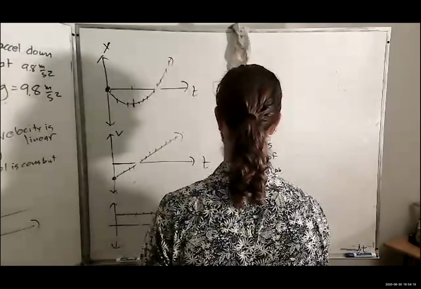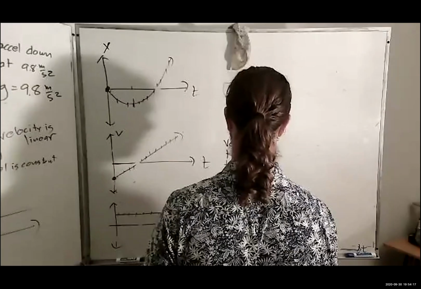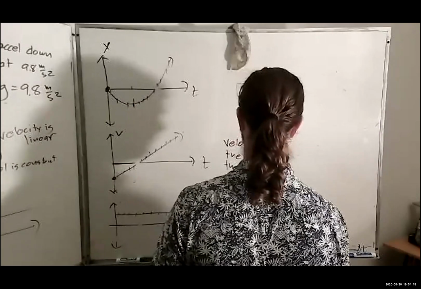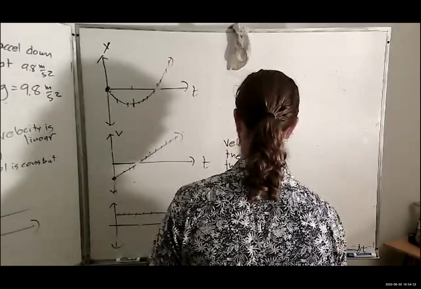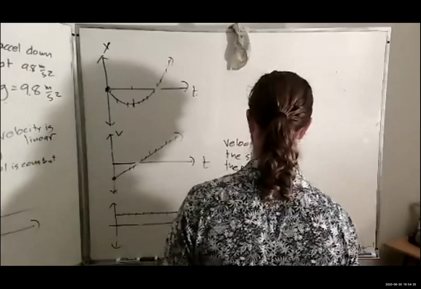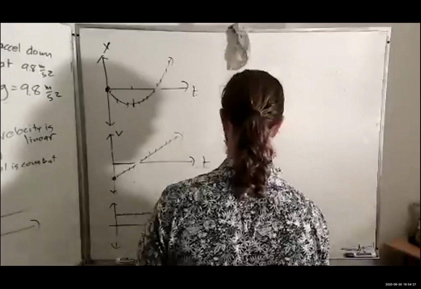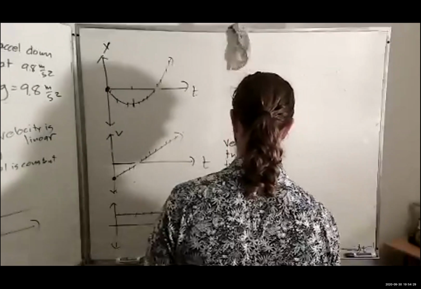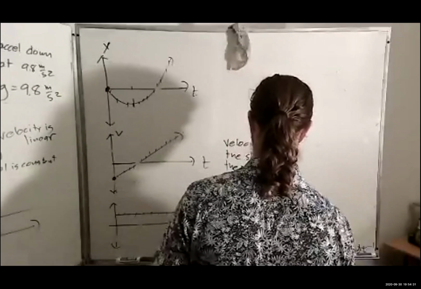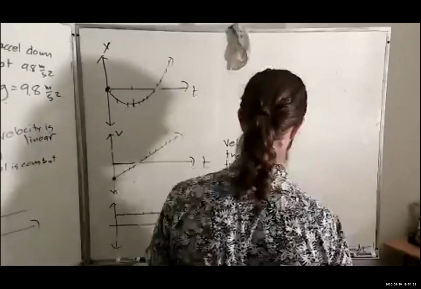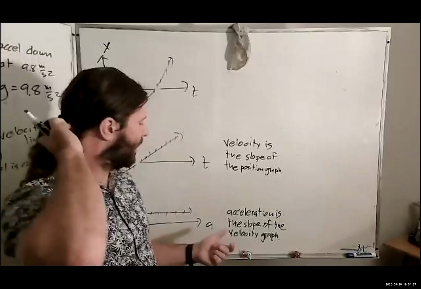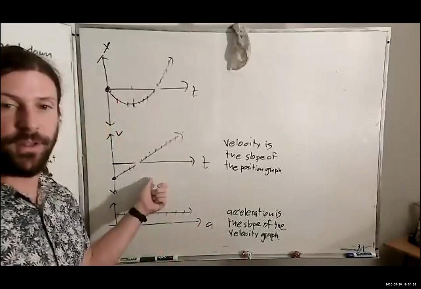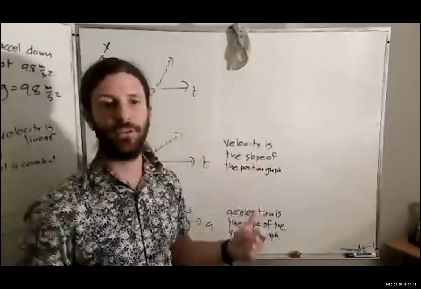Acceleration is the slope of the velocity graph. We talked about that, right? Acceleration is the rate of change of velocity. Velocity is the rate of change of position.